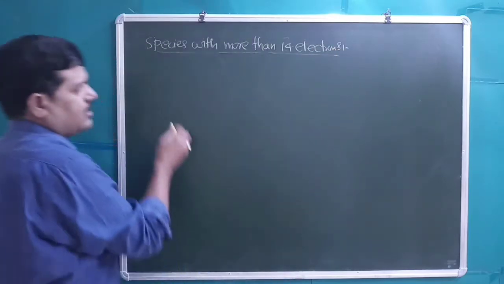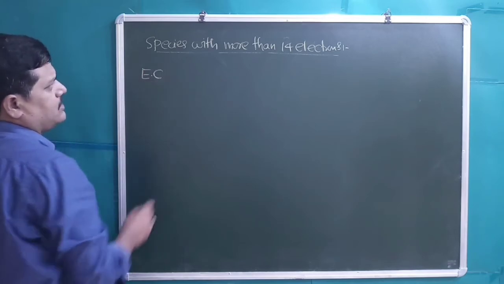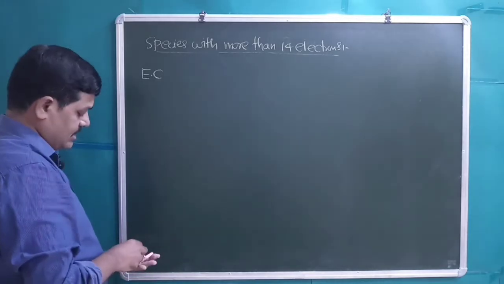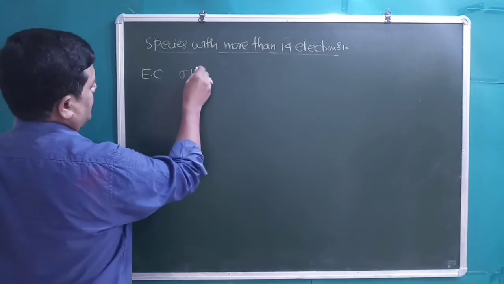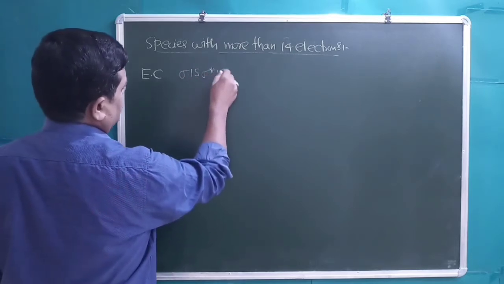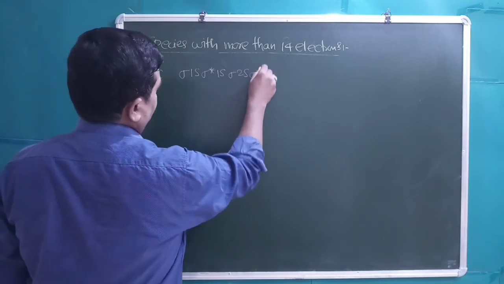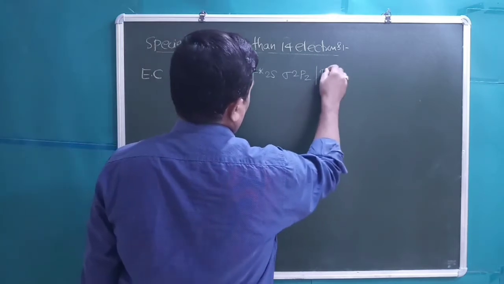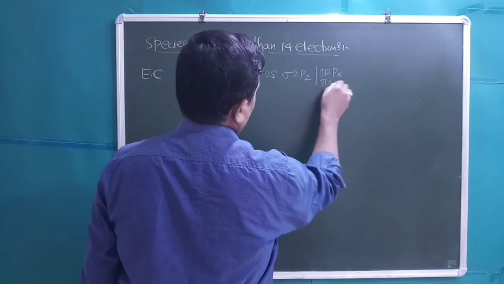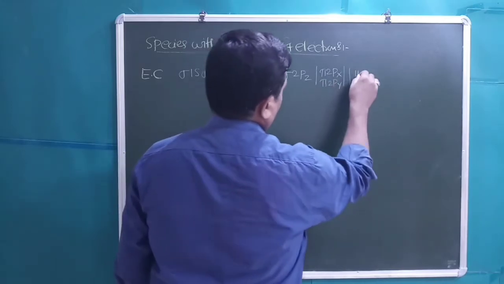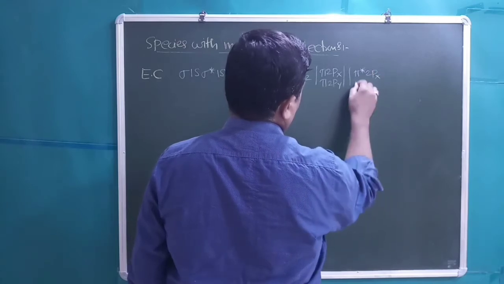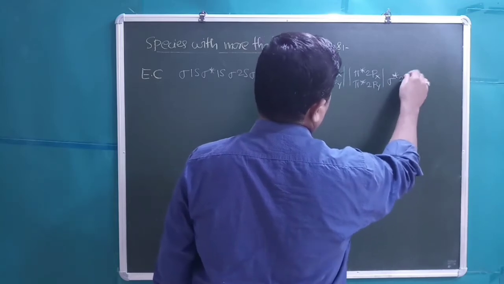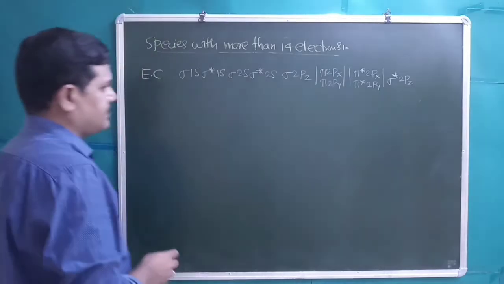For the species with more than 14 electrons, the electronic configuration order is sigma 1s, sigma star 1s, sigma 2s, sigma star 2s, sigma 2pz, pi 2px, pi 2py, pi star 2px, pi star 2py, sigma star 2pz.